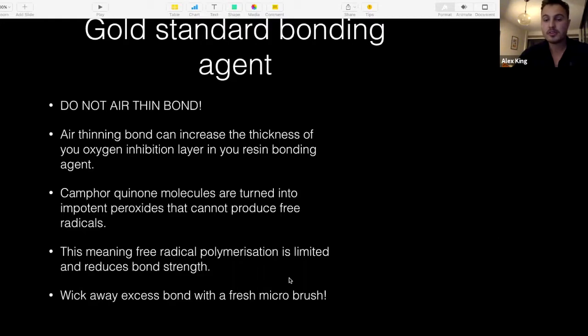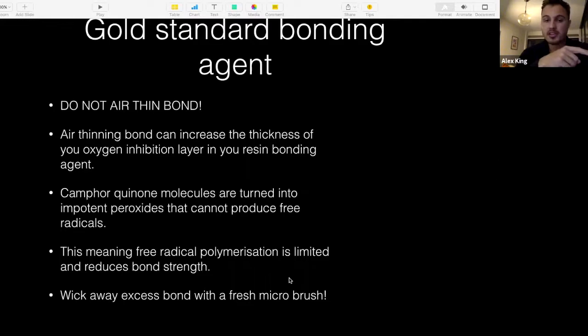And this was further proved by the fact that there was a test done where they air dried the bond and cured it, and they did the microtensile bond strength of this, and this was reduced obviously. But then what they did was put a layer of composite on top.